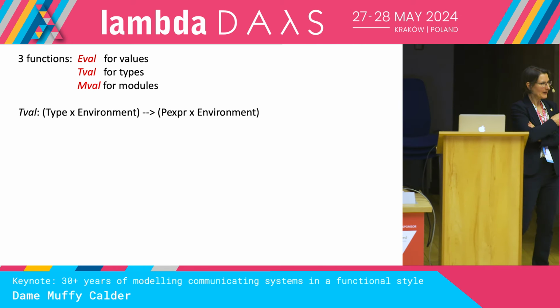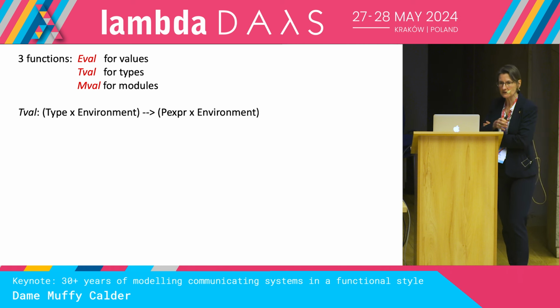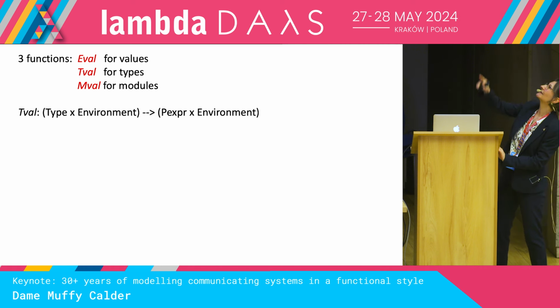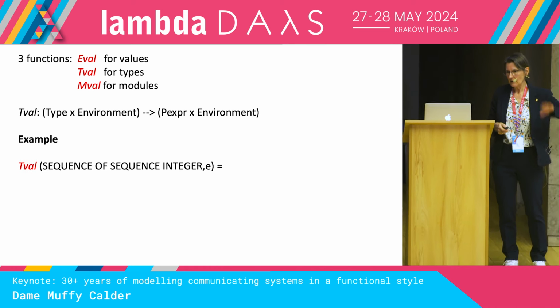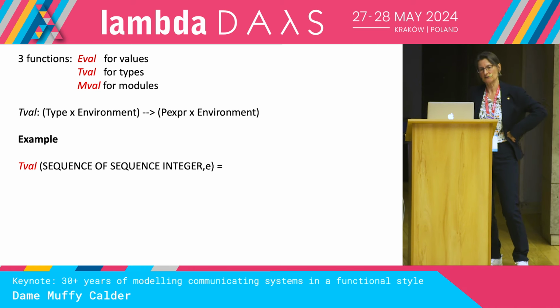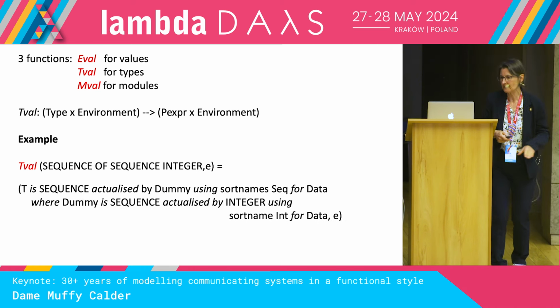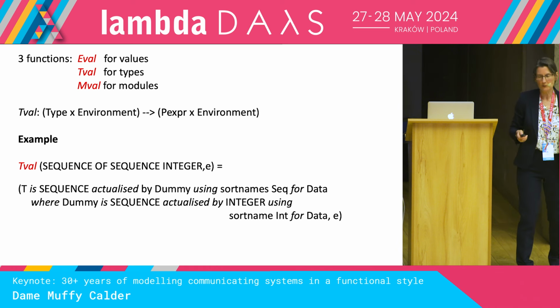Now, I will spare you the details of this denotational semantics, but just to give you a wee flavor of it, for example, there are 3 functions: eval for values, tval for types, mval for modules, and then there's the usual definition. So tval has a type, and then here's an example. tval of a sequence of integers, remember those in ASN1, gives you this block of stuff in ACT1 with a new environment.